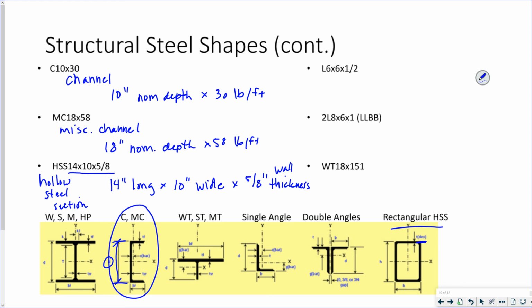That's the T. So if we're looking at this, H would be 14, B would be 10, and T would be 5/8. And again, these are nominal. The designation in your book, there are tables in the manual that give their actual numbers.